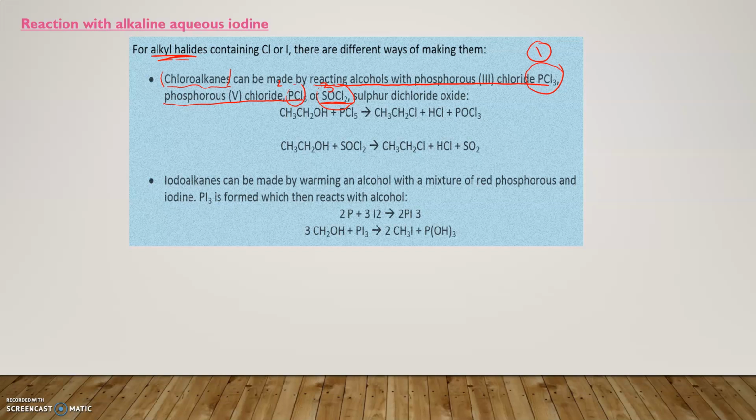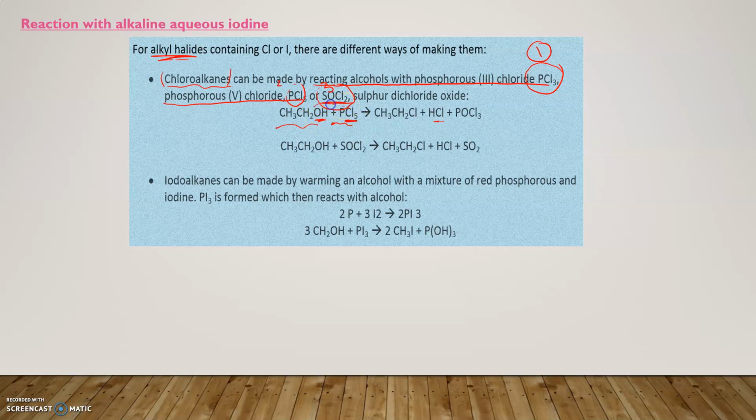So here are two examples. Ethanol reacting with PCl5, that's one option. This is a nucleophilic substitution. There you have 5 chlorines.